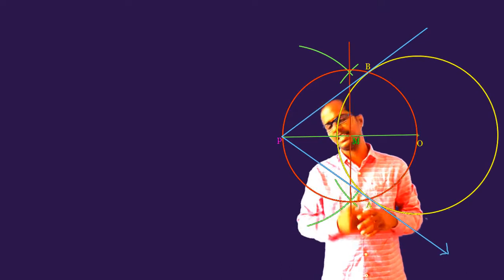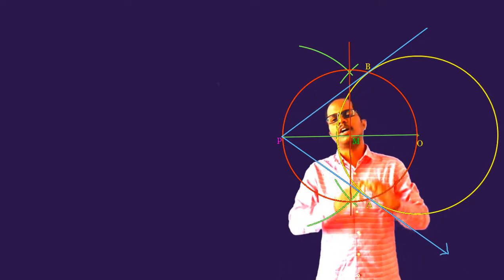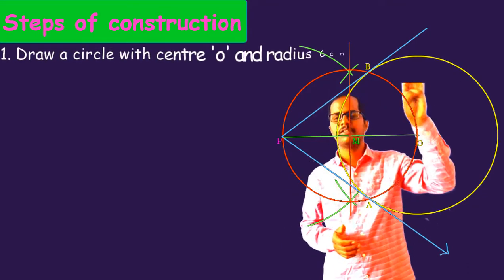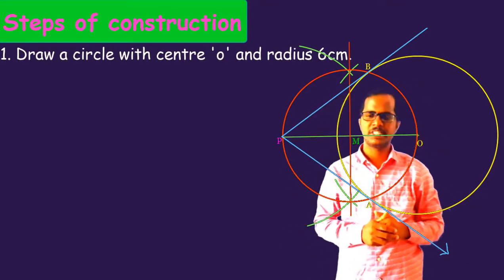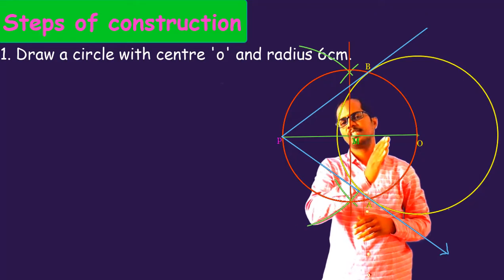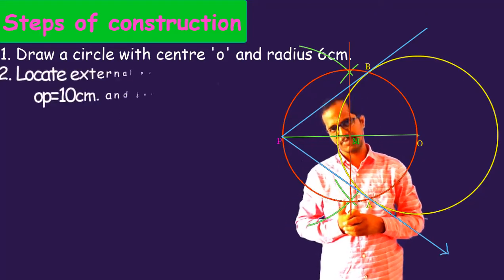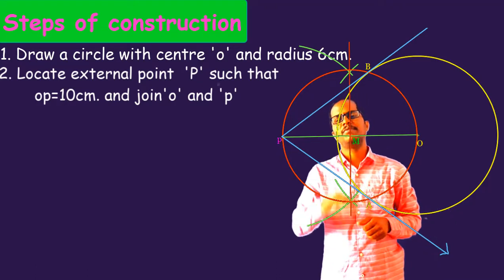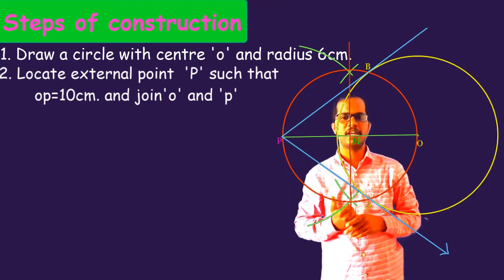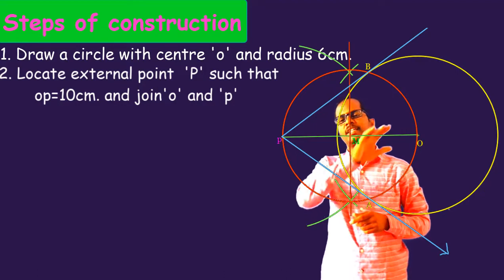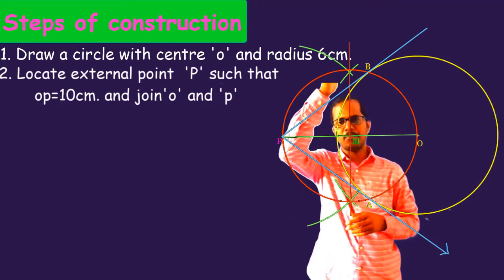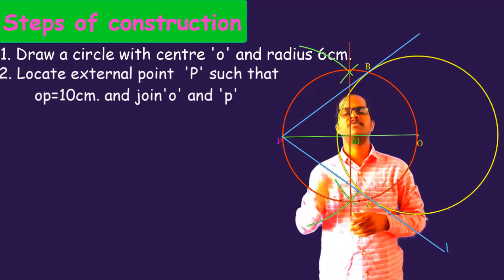Let us again rewind this process. How do we construct? At first, we draw a circle with the given radius 6 centimeters. After that, we locate the external point P, which is 10 centimeters away from the center of the circle, and join the center and the external point to get the line segment OP. After that, we draw a perpendicular bisector to OP.